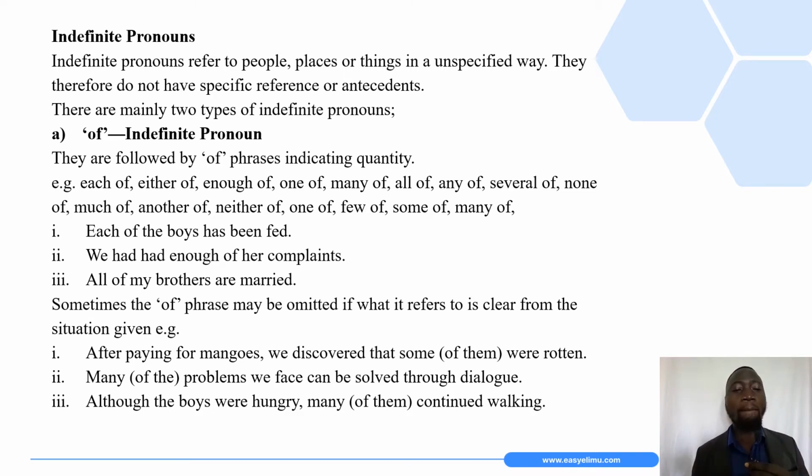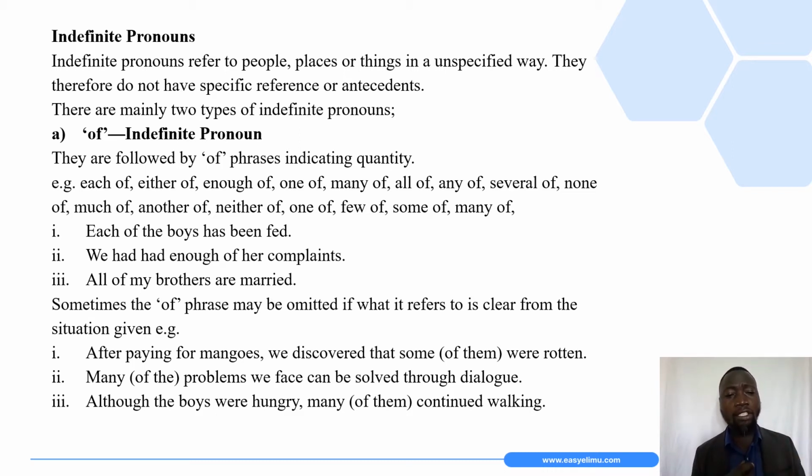Some of the examples of the "of" indefinite pronouns that we have include each of, either of, enough of, one of, many of, all of, any of, several of, none of, much of, another of, neither of, few of, some of, and others that maybe we haven't included in our list.